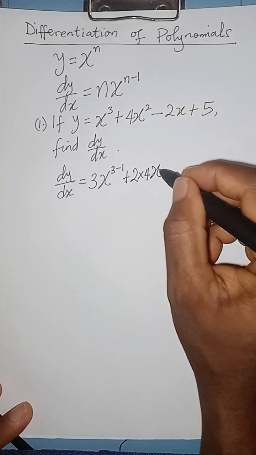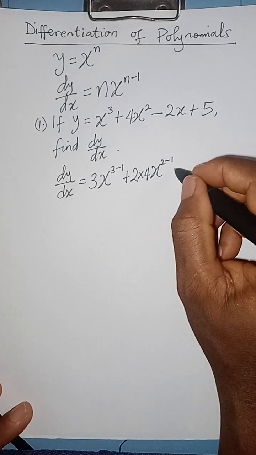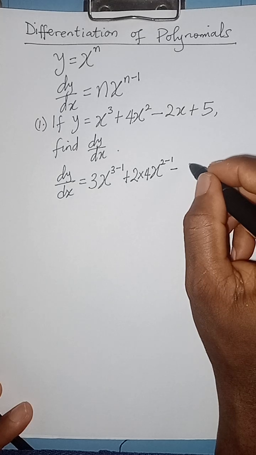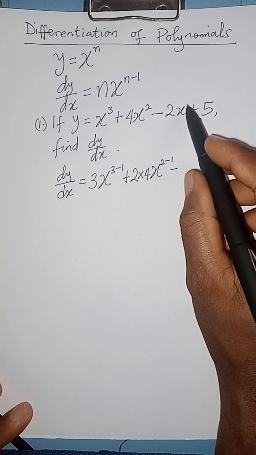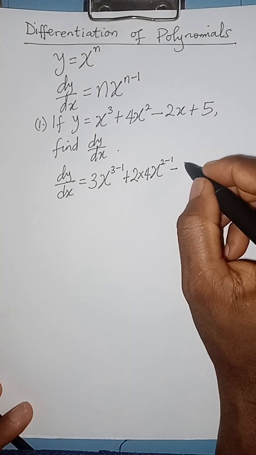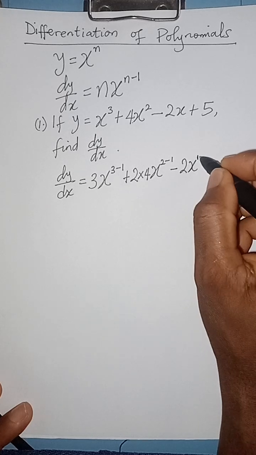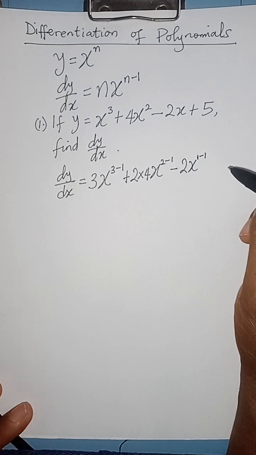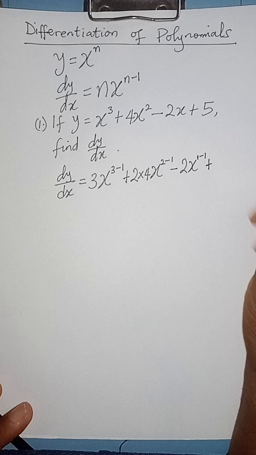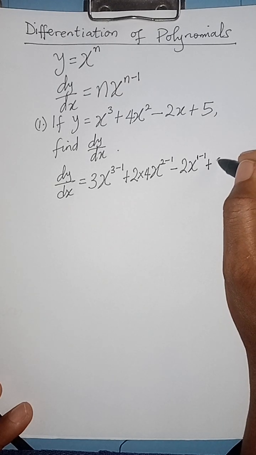And then x, reduce the power by 1, minus, here the power is 1, so it doesn't really matter. So what I do is write 2x to the power 1 minus 1, plus, this is a constant, and if you differentiate a constant, it's going to be 0.